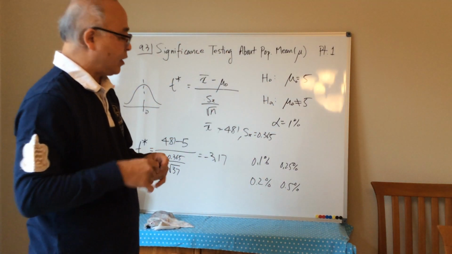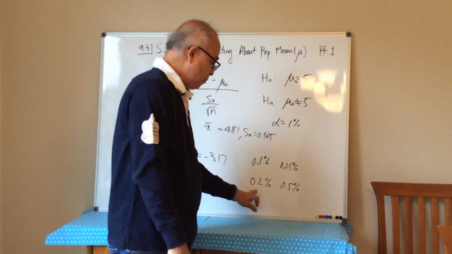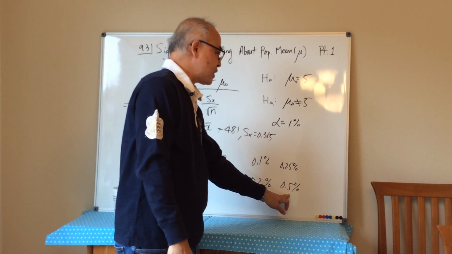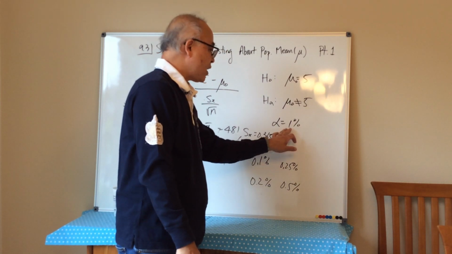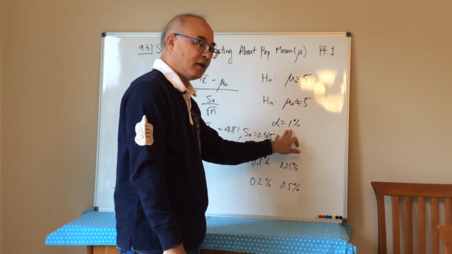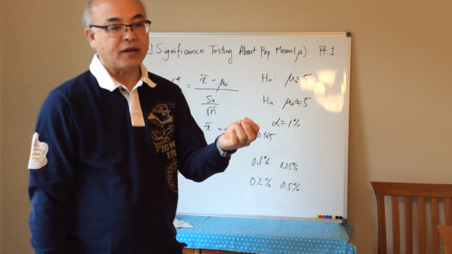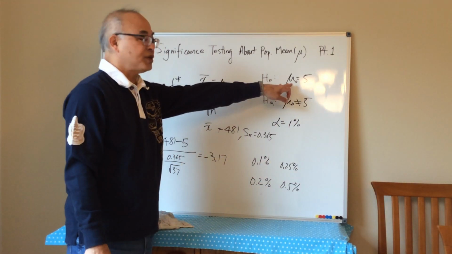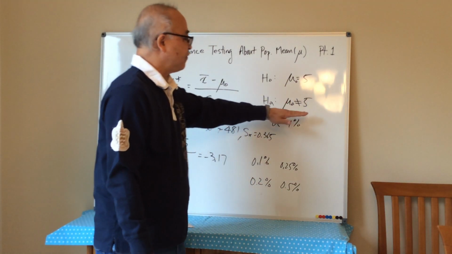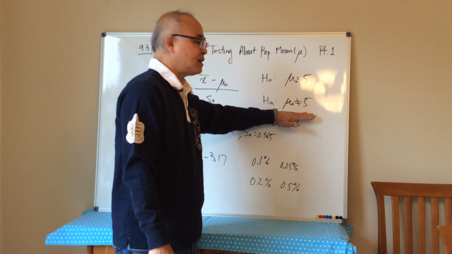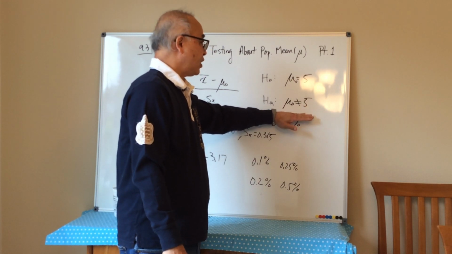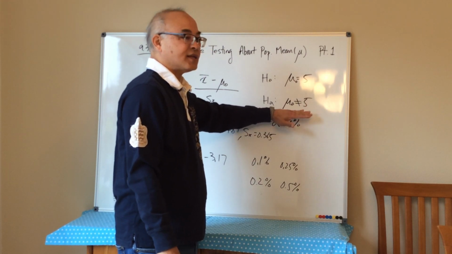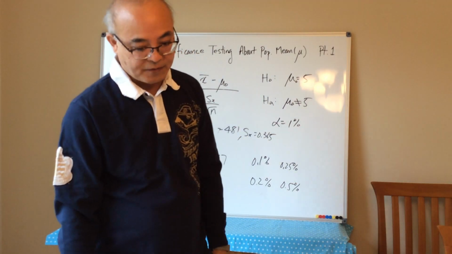So my p-value is somewhere between 0.2 and 0.5%. Either way, it is smaller than alpha. So the p-value that I calculated is smaller than alpha, which means that I get to reject the H0. And I have convincing evidence that, yes, indeed, the population mean is not equal to 5.